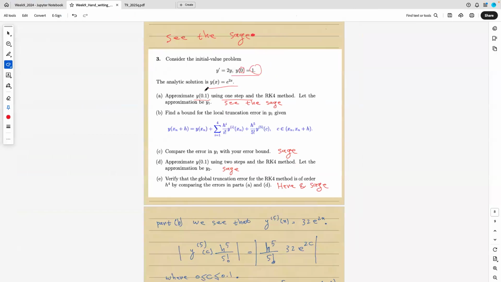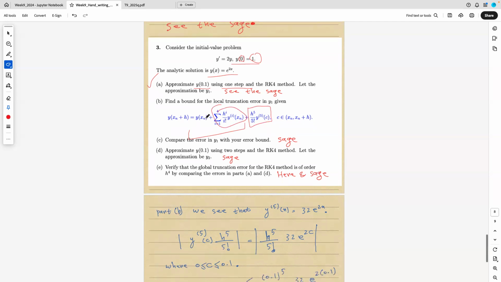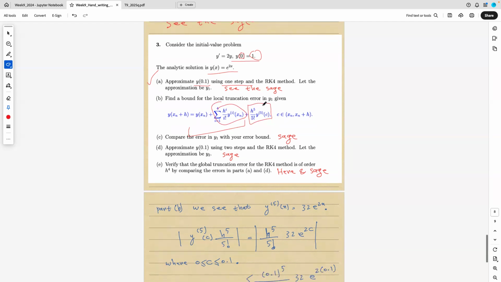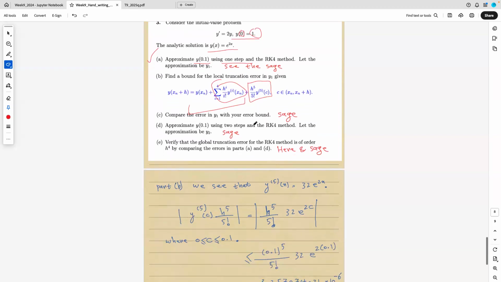Okay, so that's done. It says find a bound for the local truncation error. Luckily, it's given to us, so this part is given to us. Roughly speaking, it's asking us to find an upper bound for this part.